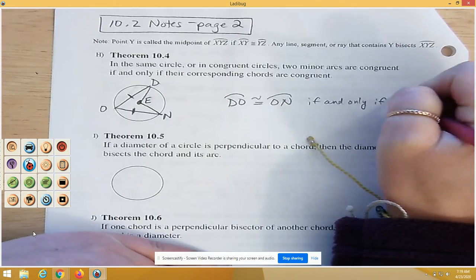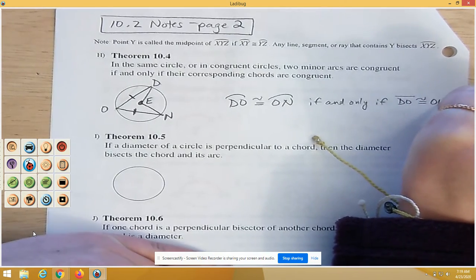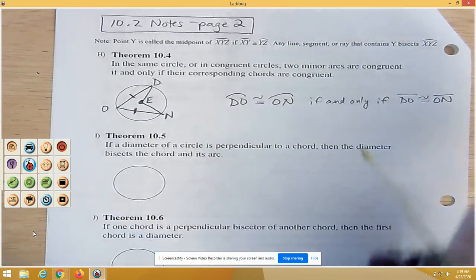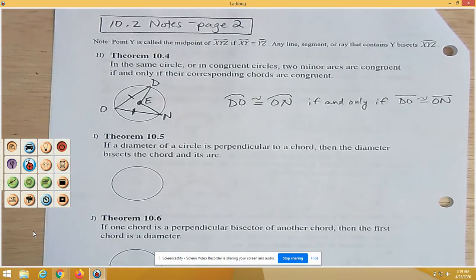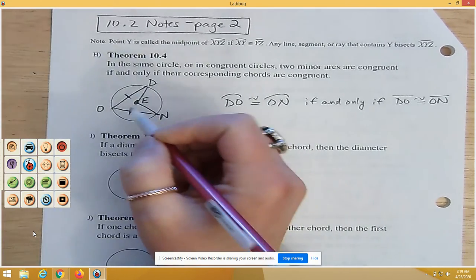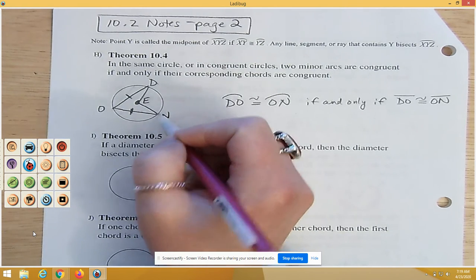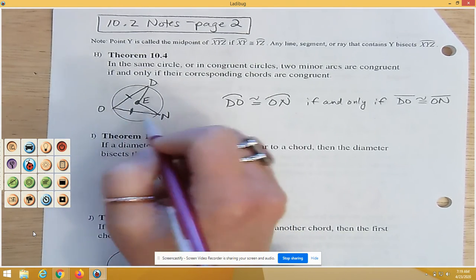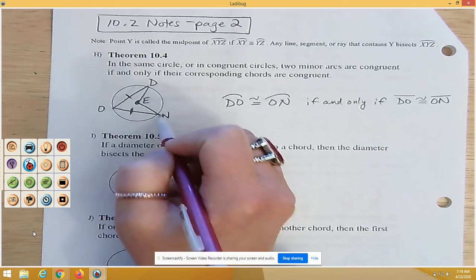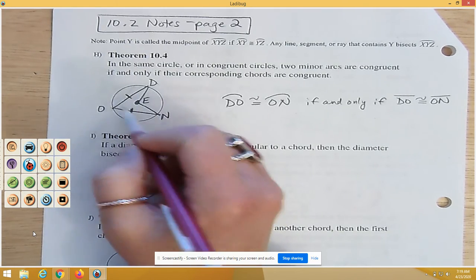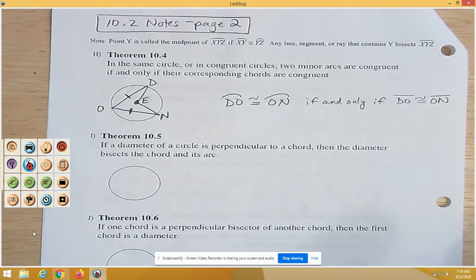So segment DO has to be congruent to segment ON. Remember, a chord is a line segment where the endpoints are both on the circle. So if these 2 segments are congruent, then the corresponding arcs are congruent. It's really pretty intuitive.